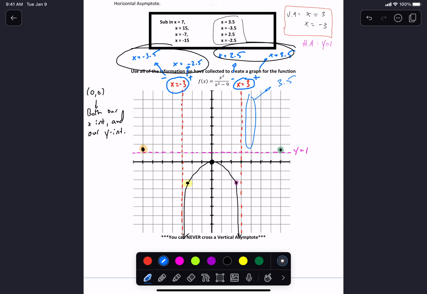Because if I put in 3.5, it's either going to spit me out down here, the y value, or it's going to be up here. I just need a y value to plot a point. And then once I have that point, I can connect it. And I'm going to do the same thing over here because this is the piece of the graph I'm missing right now. Here or here. So I'm going to substitute 3.5 into my function.